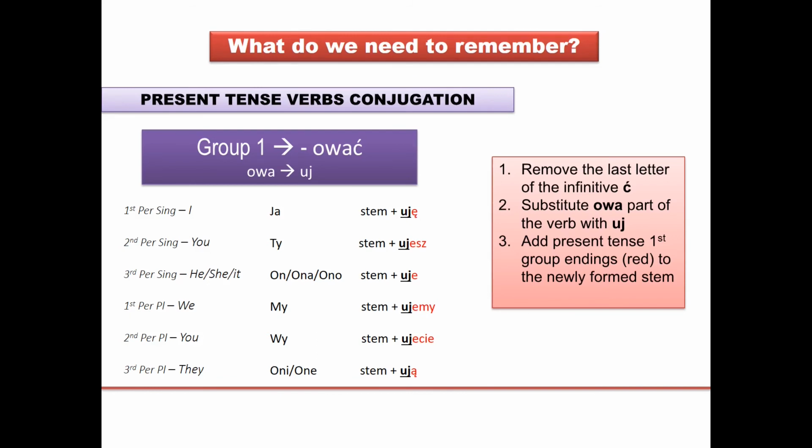You understand the inside stem change of owa to uj, which happens due to phonetic reasons, as we wouldn't be able to pronounce a vowel beside a vowel in such conjugation.